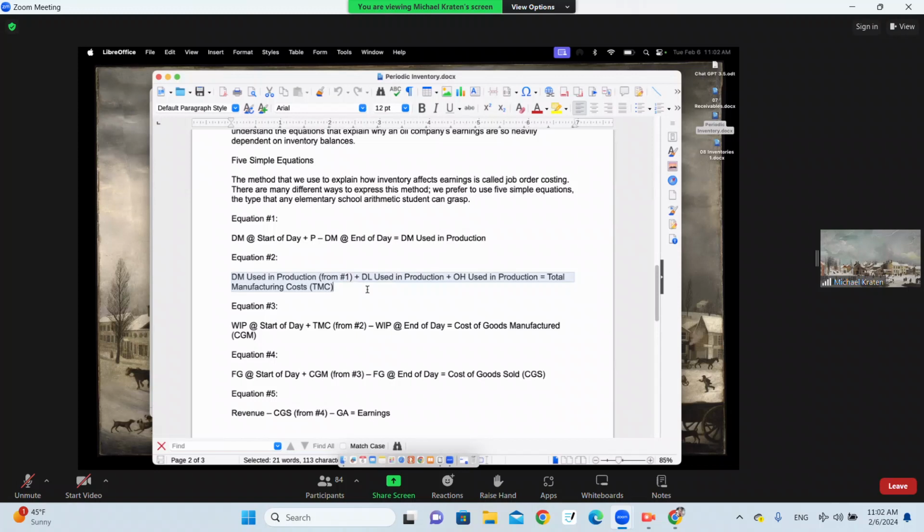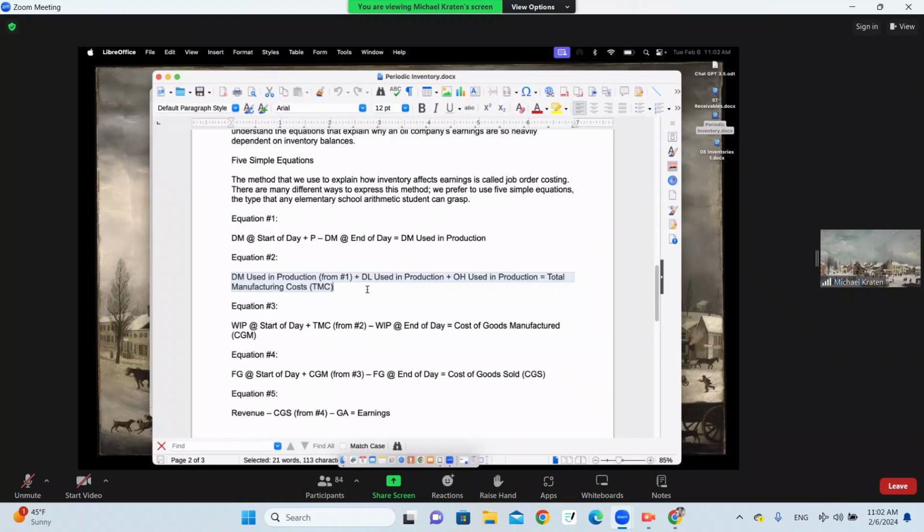It's the raw clay used. That's your direct material, plus the amount of human labor used to operate the spindle. That's direct labor. And then there's everything else, which is usually a laundry list of a lot of little things. Overhead.